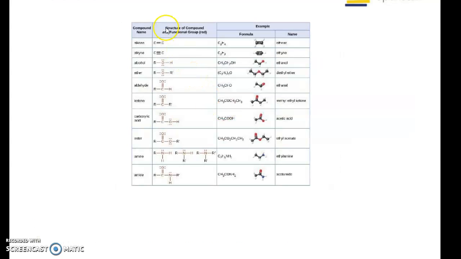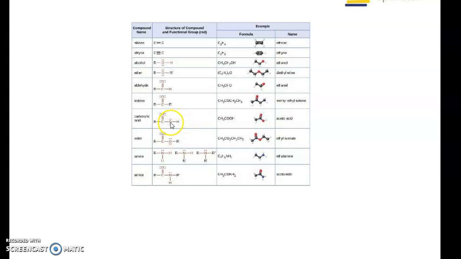This slide right here has all the different types of materials. An alkene has a double bond, an alkyne a triple bond, an alcohol is ROH, an ether is R-O-R with an O in the middle, an aldehyde has the carbonyl group here, a ketone has carbons on both sides of the carbonyl carbon. In a carboxylic acid, there is some dissociation of this one.